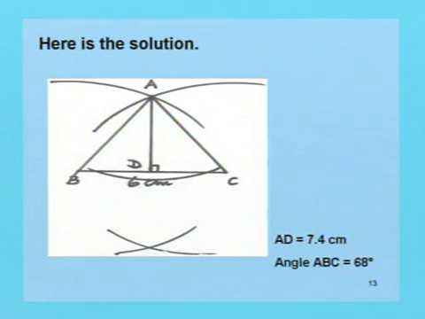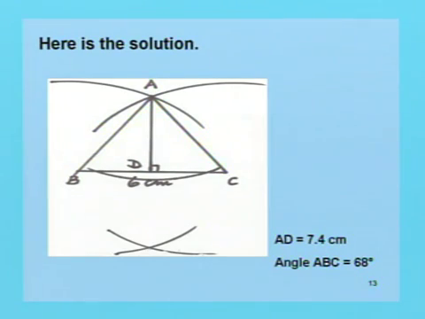BC is 6 centimeters, BA and AC 8 centimeters. From A, we drop a perpendicular to BC, so center A with a suitable radius, draw an arc to cut BC at 2 points, and at those points of intersection, draw 2 arcs below.